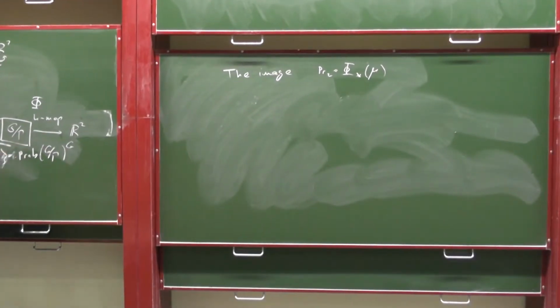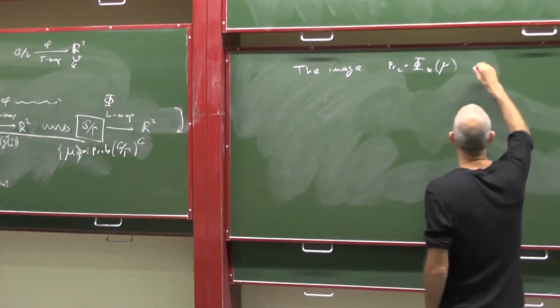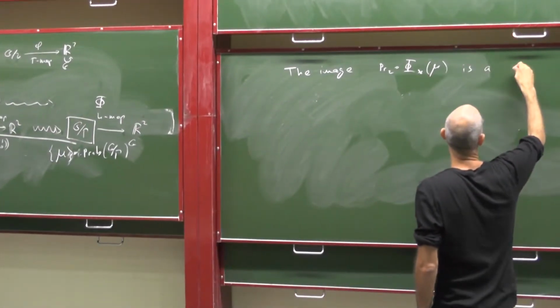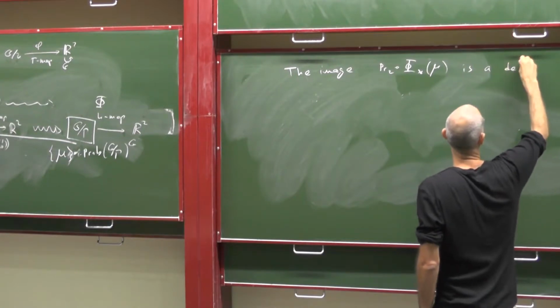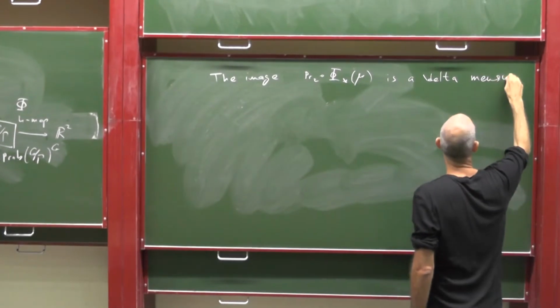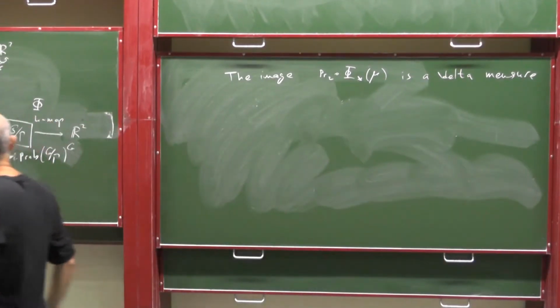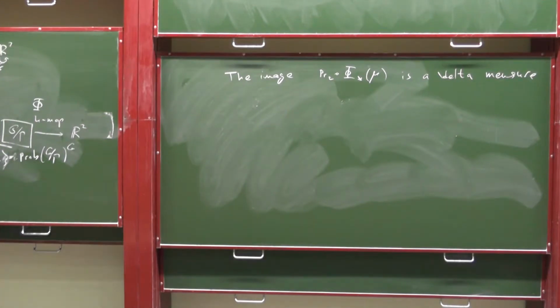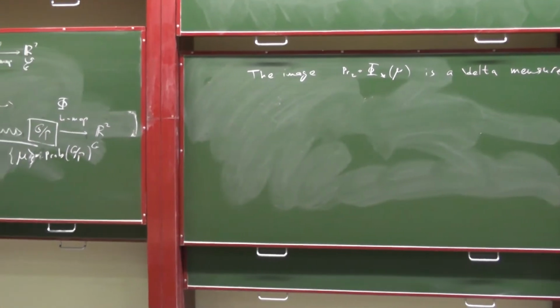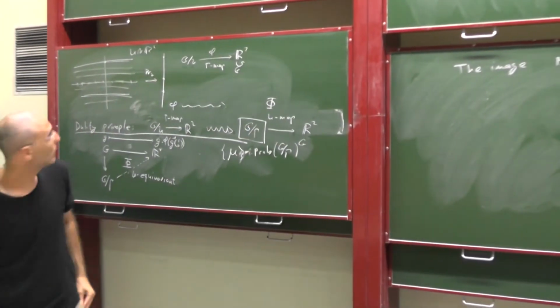It is the gene value probability measure. It is a delta measure. Right? So which point do we hit here? Could it be that point?